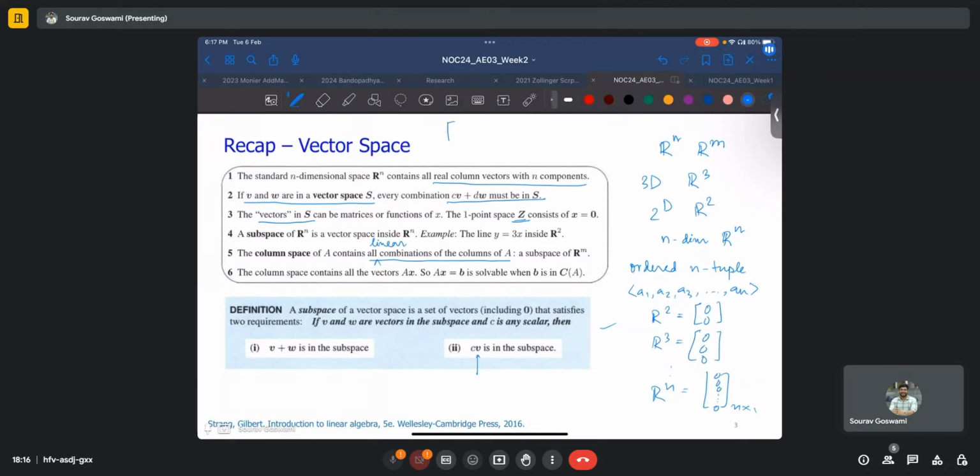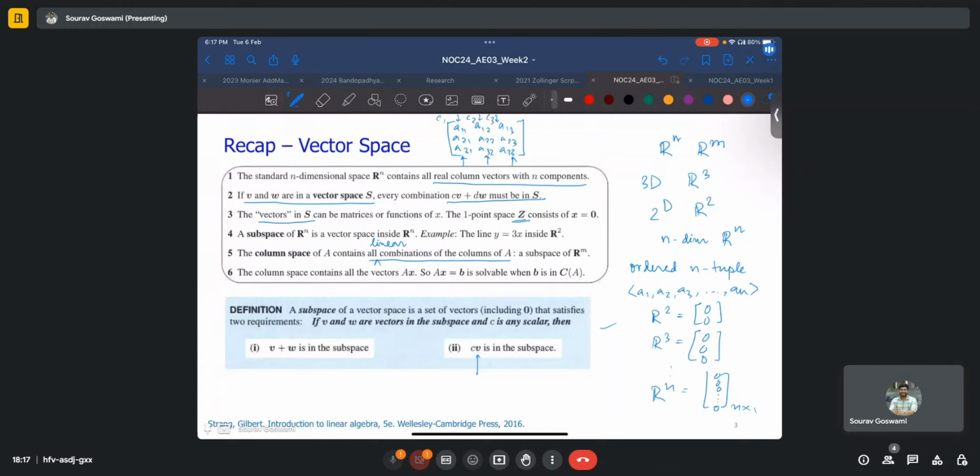So, say you have any matrix, say A11, A12, A13. It need not even be square. I'm just writing it as an example. So, you have these three columns C1, C2, and C3.